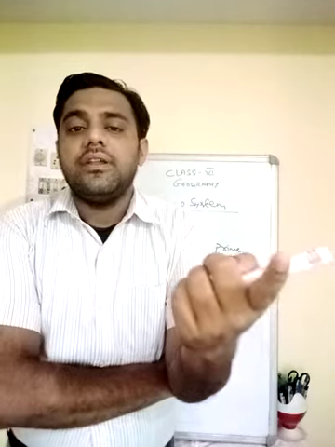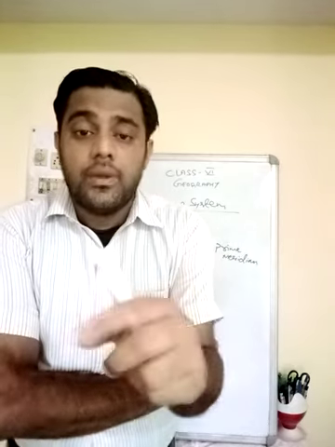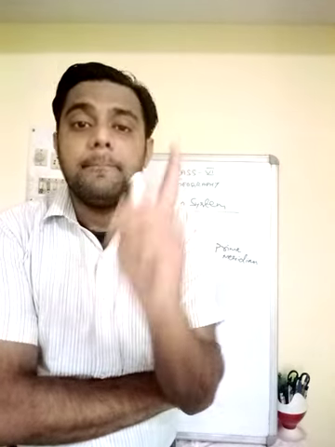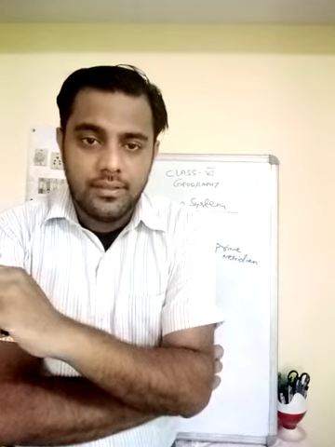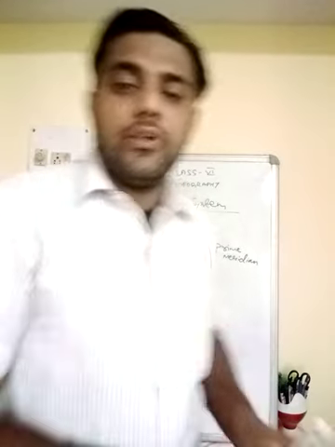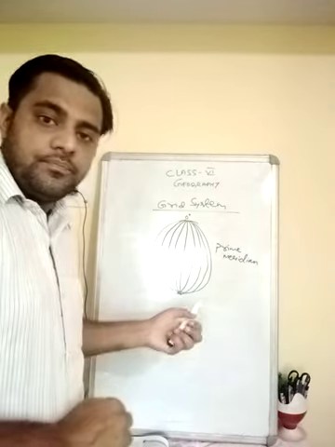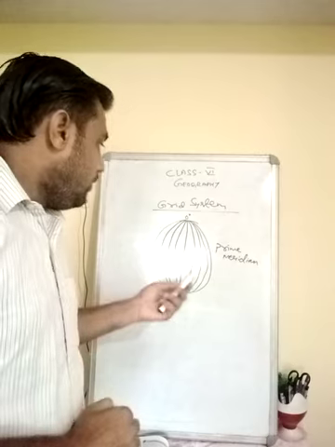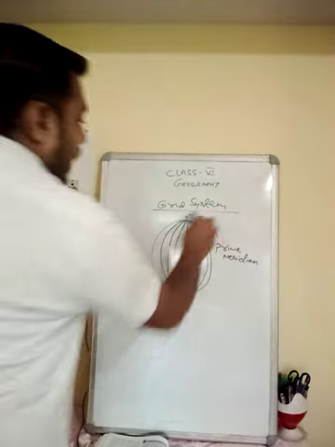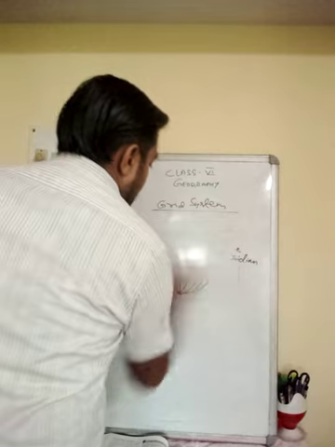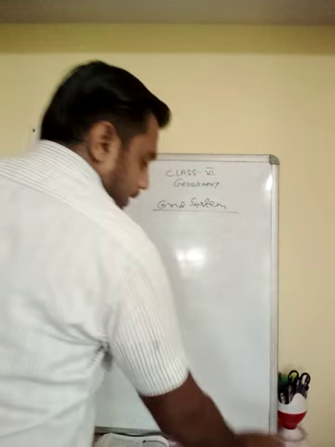Then 0 degree latitude is known as equator, whereas 0 degree longitude is known as prime meridian. Alright, if you can remember a few of these differences, it will be very easy for you. Now, like I told you earlier, I'll be explaining how latitude and longitude are related to the grid system.